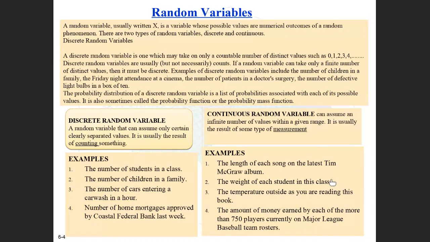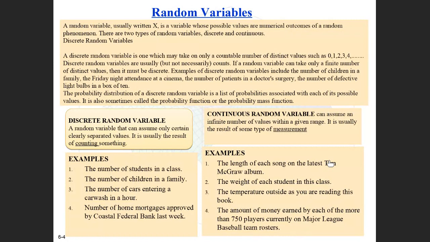Okay? So do people understand the difference between a discrete random variable and a continuous random variable? Discrete is counting, which is basically a frequency. The continuous random variable is one that is the result of measuring.